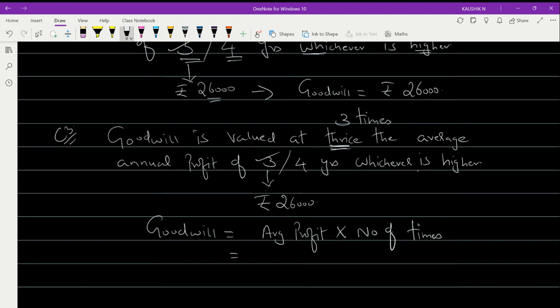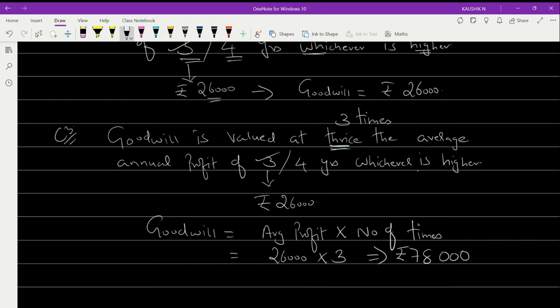So the value of average profit you are going to take for the calculation is 26,000 into number of times. What is the condition given in the question? Goodwill has been valued at thrice the average annual profit, so into 3. So 26,000 into 3 will give you how much? 0, 0, 0, 6 3s are 18, 1 carry over, 3 twos are 6 plus 1, 7.